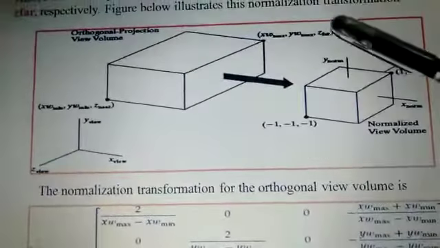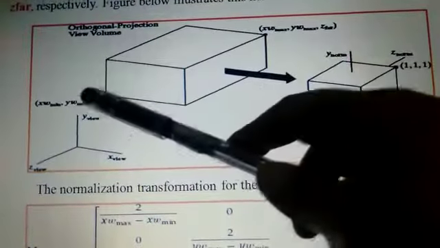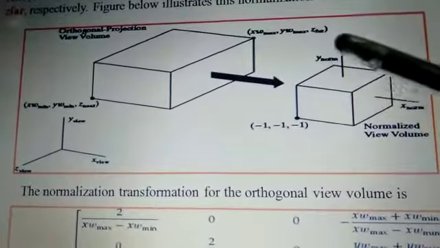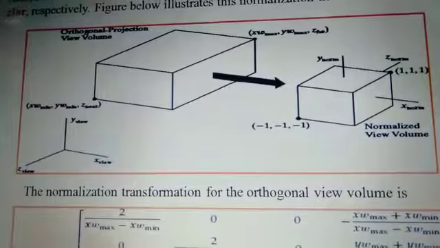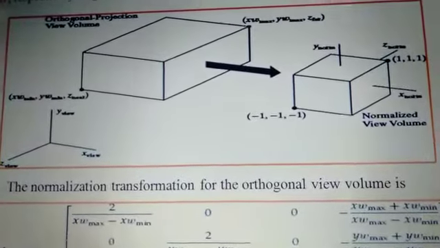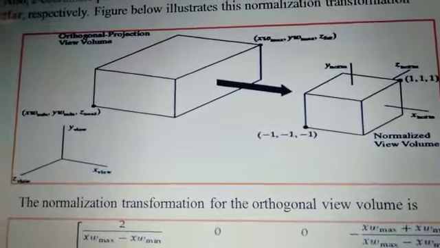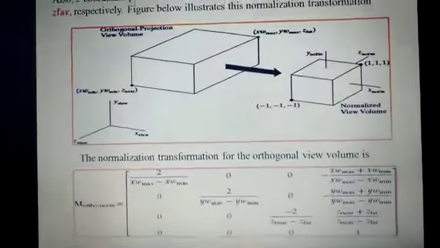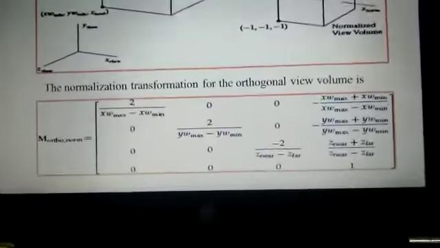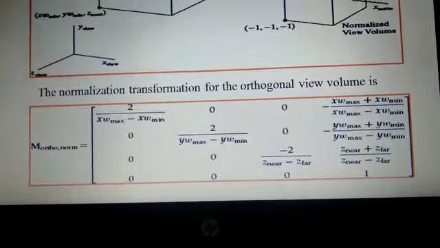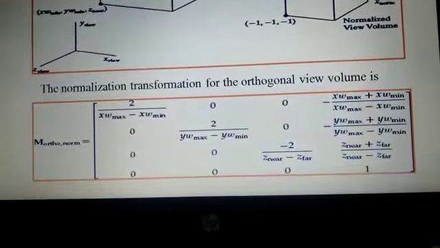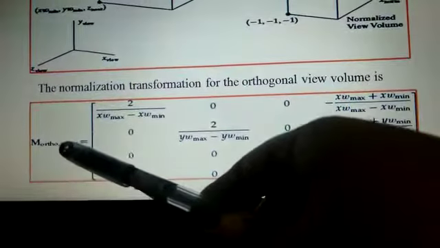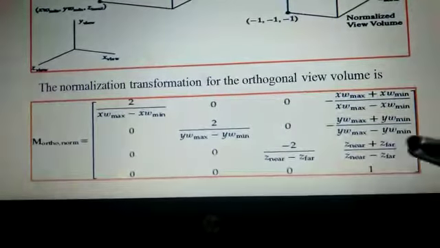So near and far with respect to max and min, we can create a normalized view volume with respect to these coordinates. Also, z coordinate positions for the near and far planes are denoted as z near and z far respectively. So the normalization transformation for the orthogonal view volume in matrix form can be given as M ortho,normalization equal to this.